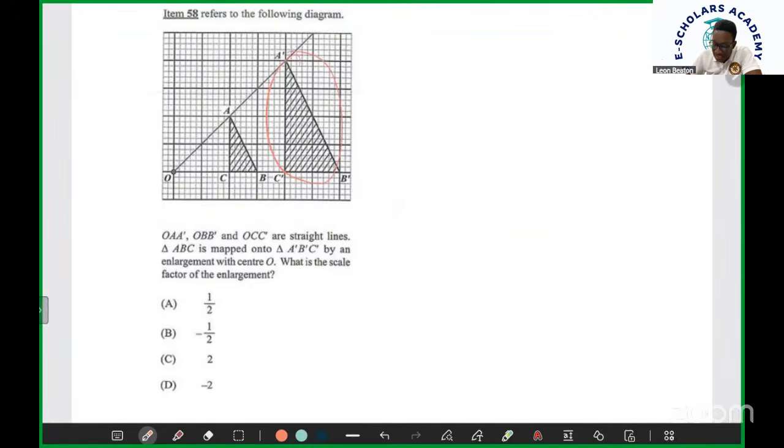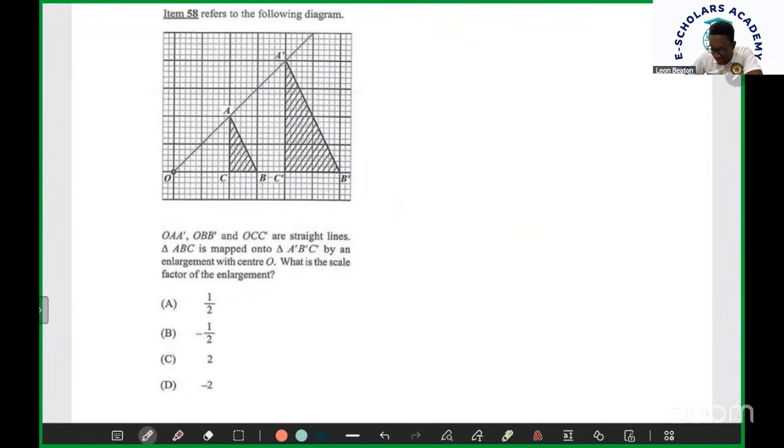So we see this is the image and this is the object. Obviously the image became bigger, right? To get the scale factor, we just take any corresponding side. So let's choose this side CB.